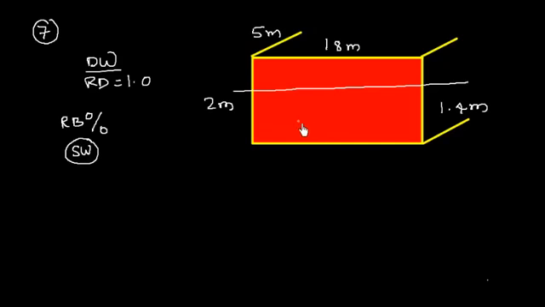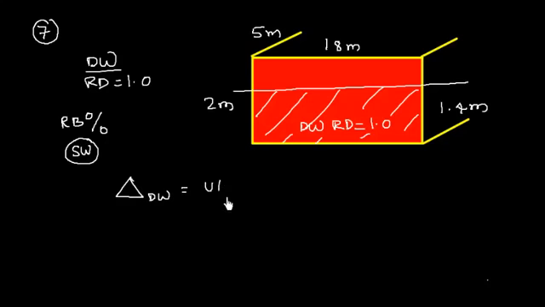So here the vessel is floating in dock water and the RD is taken as 1. So this is the underwater volume. Let us find the displacement in dock water, which is going to be underwater volume into relative density.